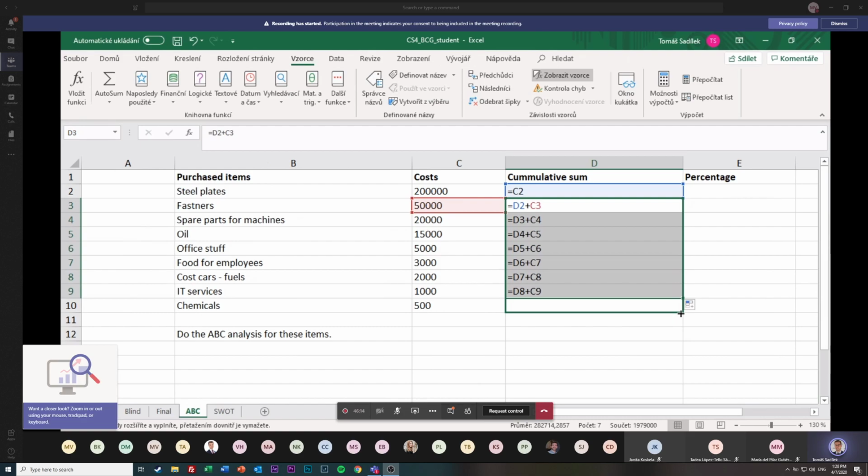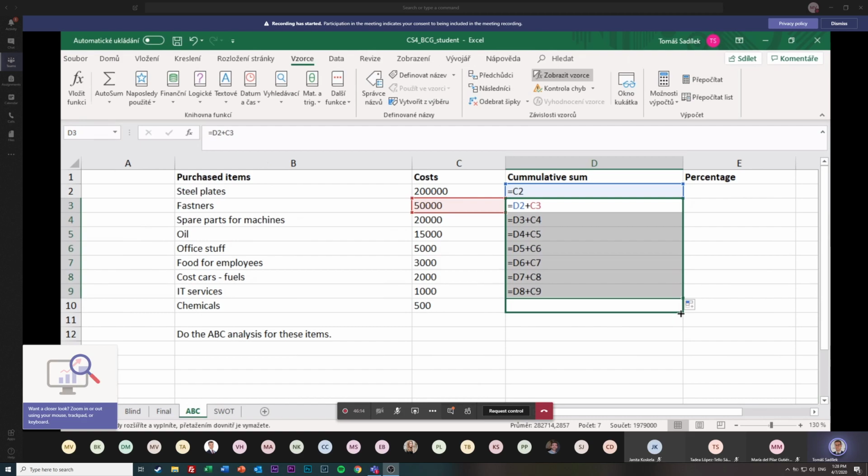The third step is to calculate the percentage, meaning the percentage of each cost on the total cost. The total cost we can see here in the cumulative sum. How to calculate it? Again, it's easy. I type the cost of part C2 divided by the total cost in the last line.